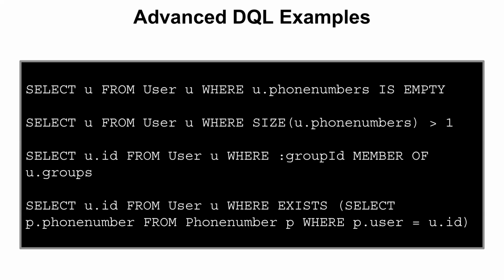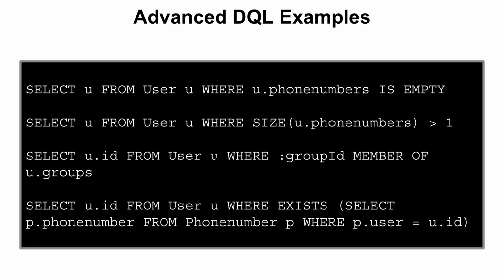So I may have a user object that has a relationship to another entity named phone number, and a user could have many phone numbers. And if I want to run a query that says, give me all of the users where the user has no phone numbers, you could use the isEmpty syntax, or size of phone numbers is greater than 1. So that'll give me all the users that have at least one phone number.